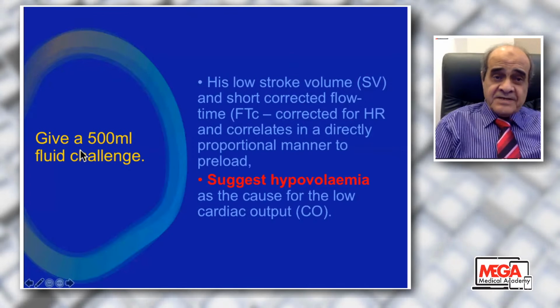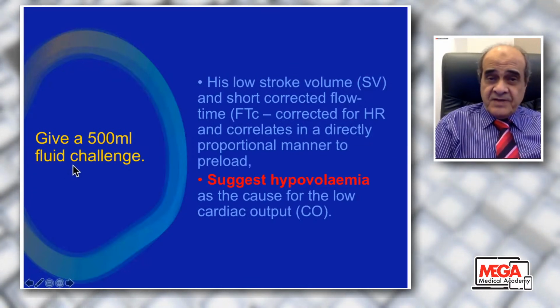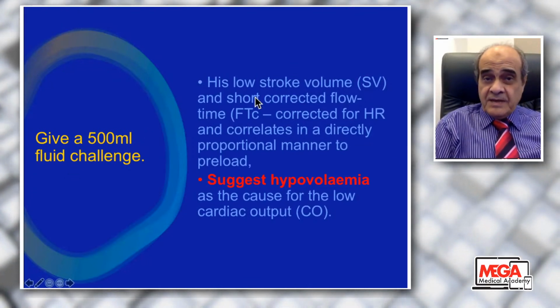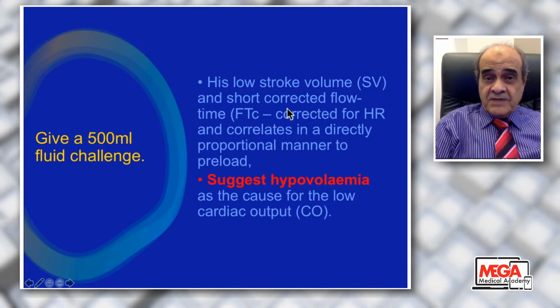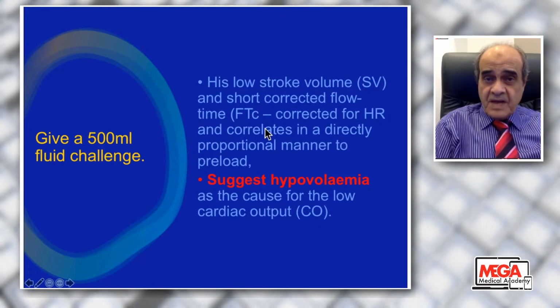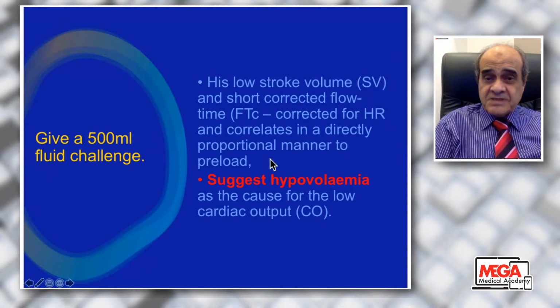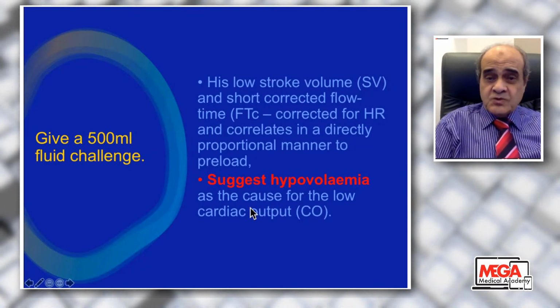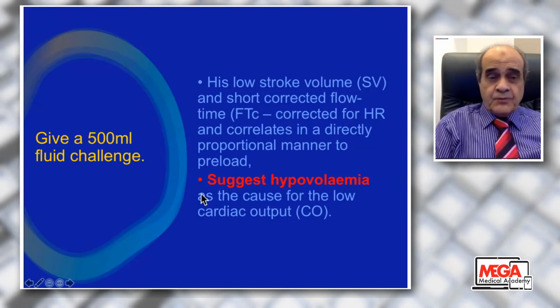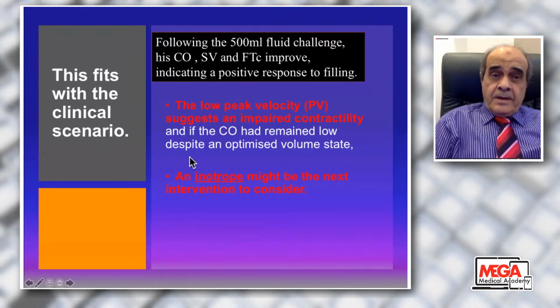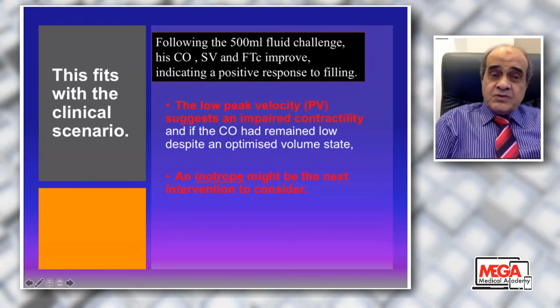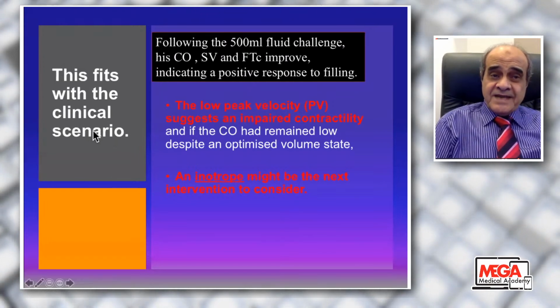A 500 cc fluid challenge is given. His low stroke volume and short corrected flow time correlate in a directly proportional manner with preload, suggesting hypovolemia as a cause of the low cardiac output. And so this fits with the clinical scenario.